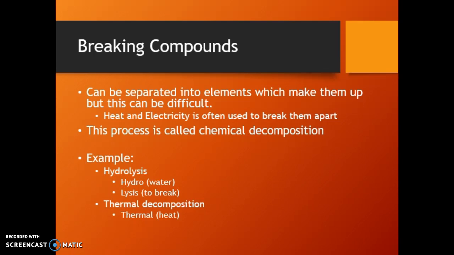Hydrolysis, looking at the Latin, hydro means water and lysis means to break, so you're breaking down water. Thermal decomposition would be using heat to break these compounds apart. So you can break these compounds down, whereas when we talked about elements, you can't break them down any further. So compounds can be broken back into their constituent parts.